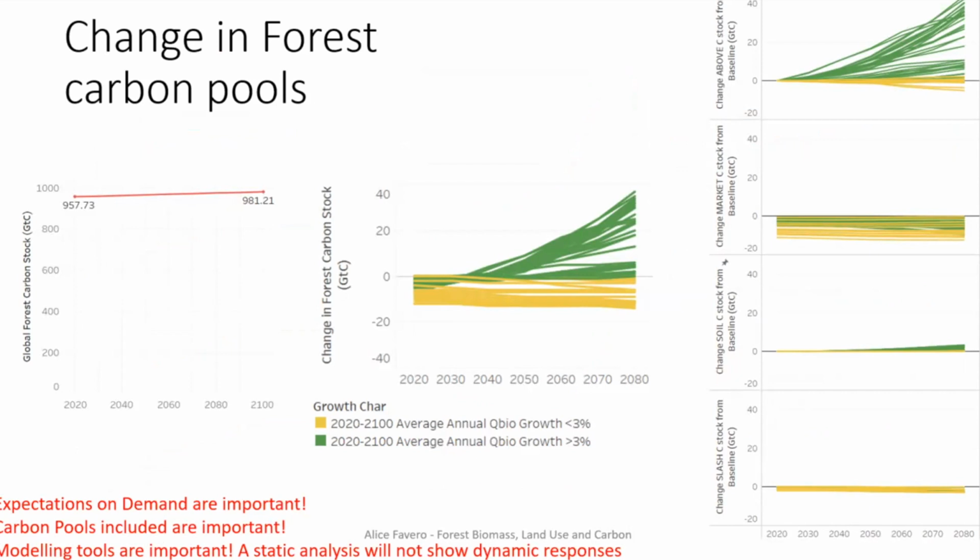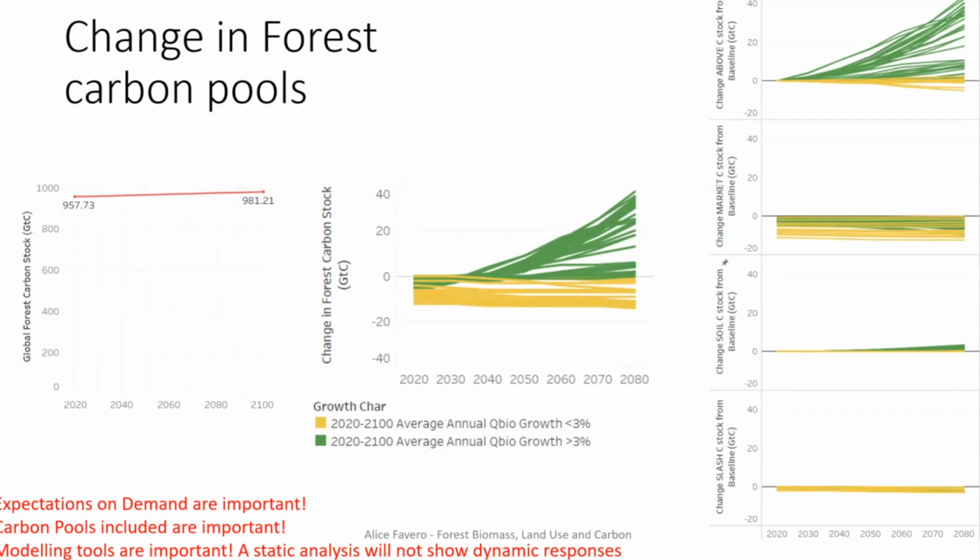The green ones are showing that there is a decline in the stock, so there is less carbon sequestered in forest at the beginning, and this is mainly because of the substitution effect. There is less carbon stored in market products because of substituting these timber products with forest biomass.